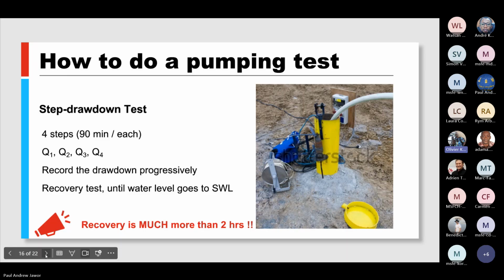We should ensure that we start from the smallest flow, which is Q1, and then progressively go to the biggest flow. I've seen situations where they do the reverse, and that is generally not recommended. So we should always start from the smallest to the biggest. Also, the ratios which we had for the definitions of Q1, Q2, Q3 are important, so we should try as much as possible to respect them.